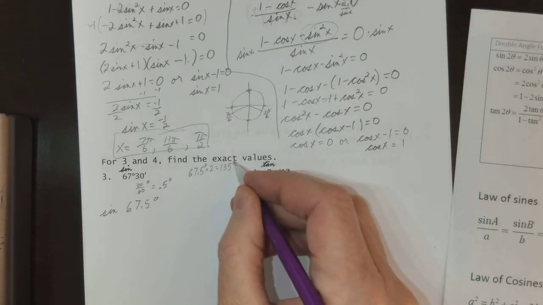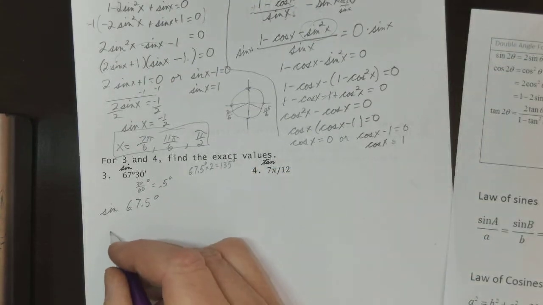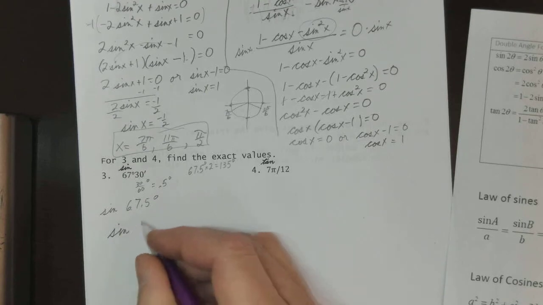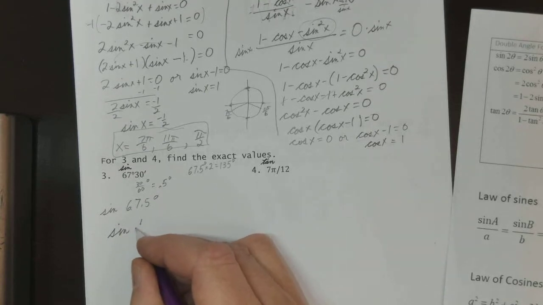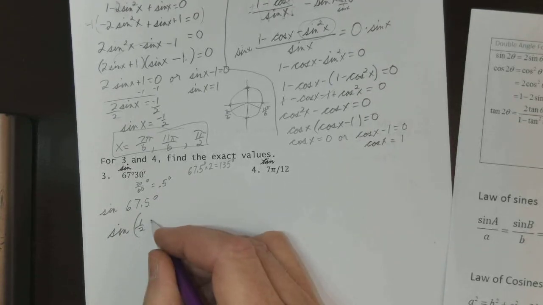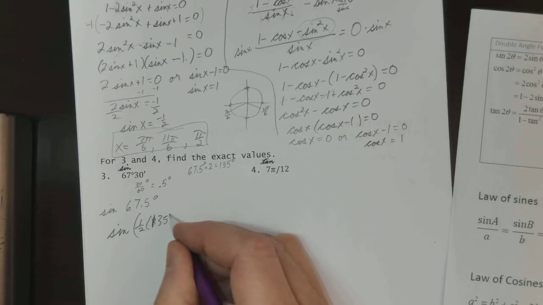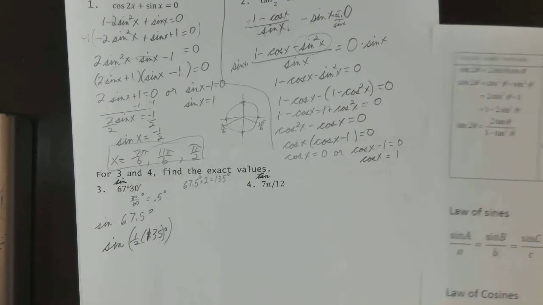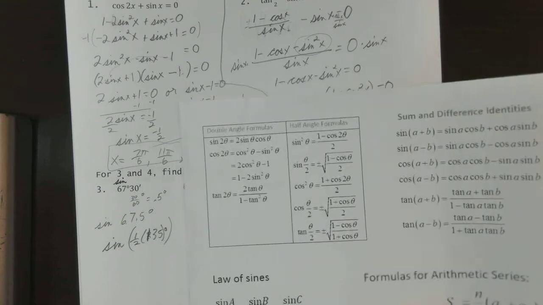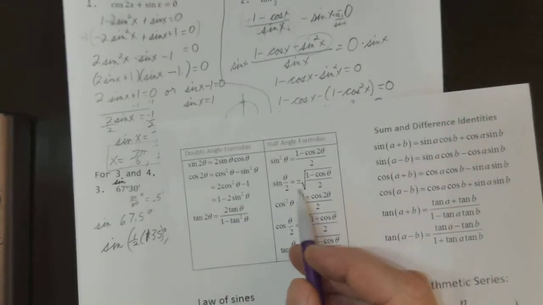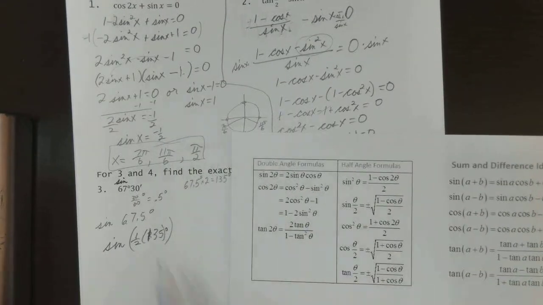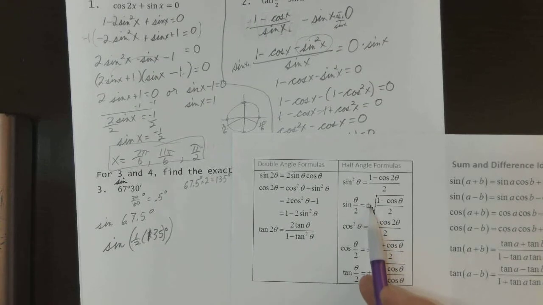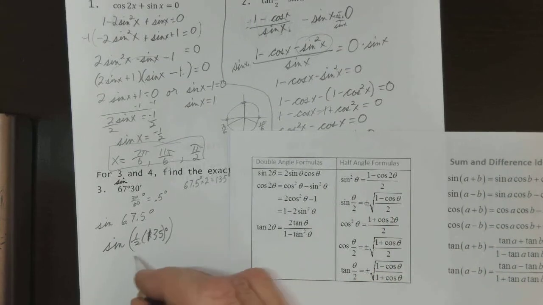And that is on our unit circle. So if I take the sine of 1/2 times 135 degrees and use the half angle formula for sine, and 67.5 is in the first quadrant, so it's going to be positive.